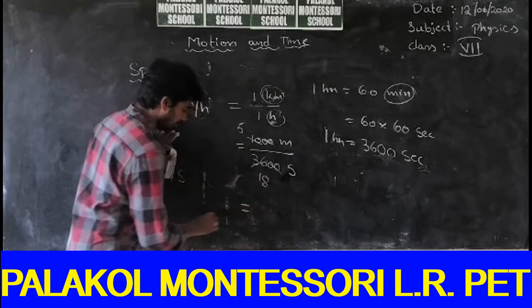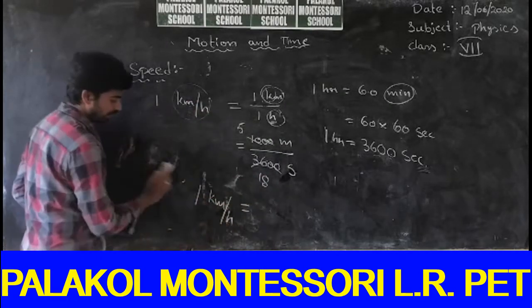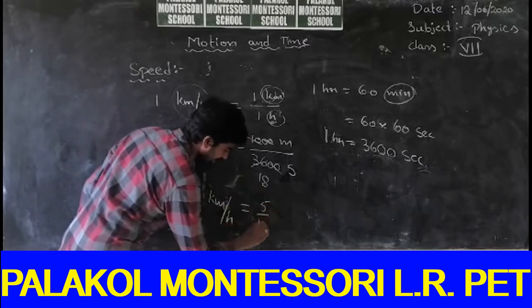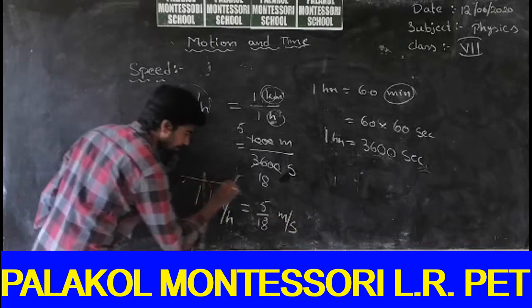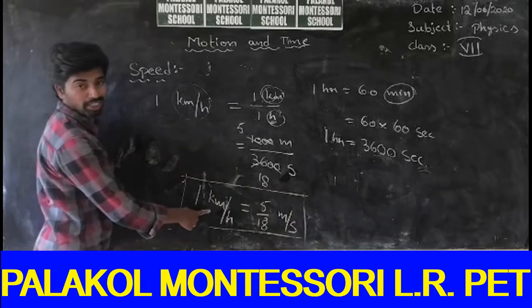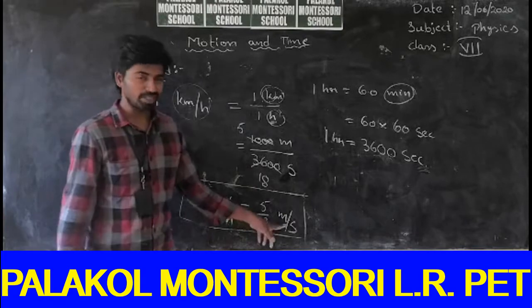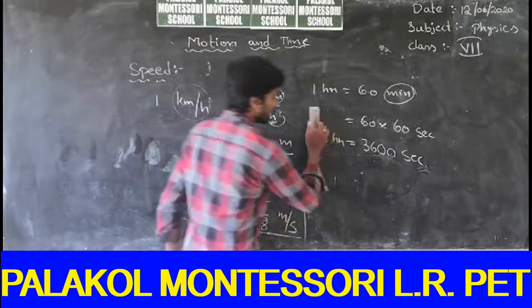So 1 kilometer per hour is equal to 5 by 18 meters per second. This is the very important conversion between kilometer per hour and meters per second. 1 kilometer per hour is equal to how many meters per second? 5 by 18 meters per second.